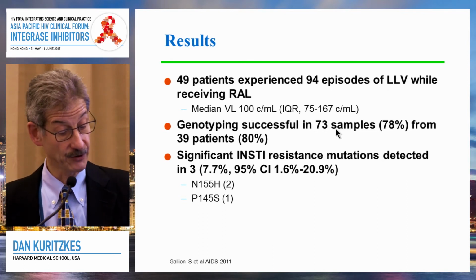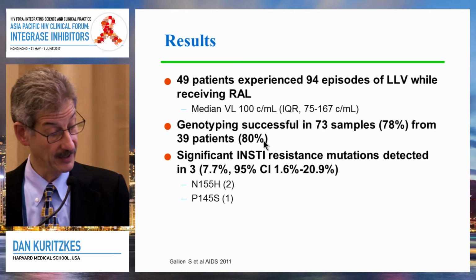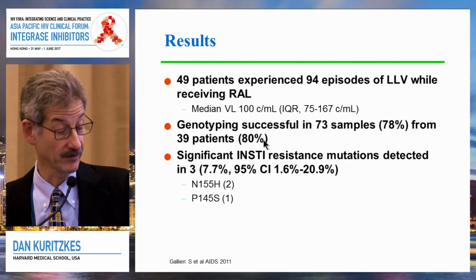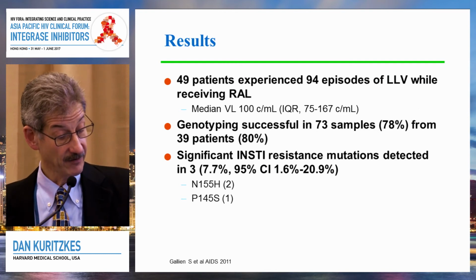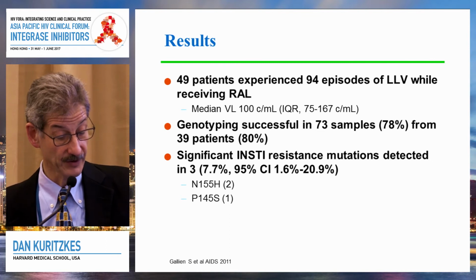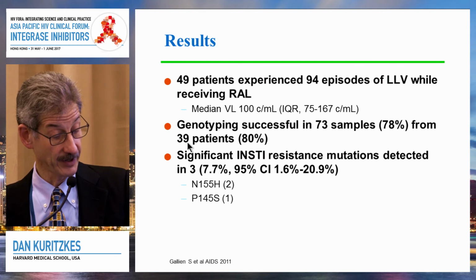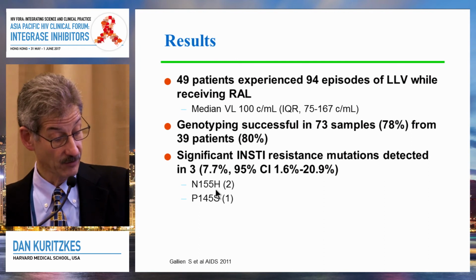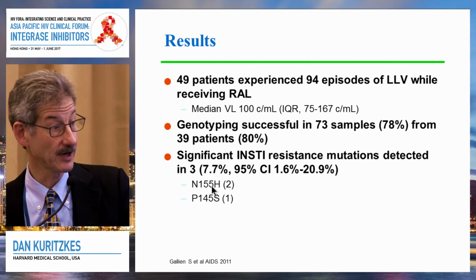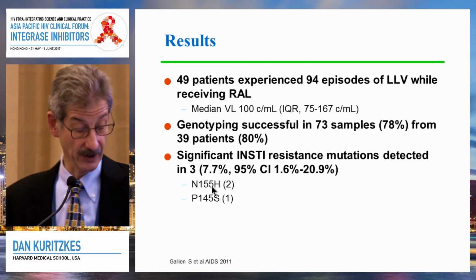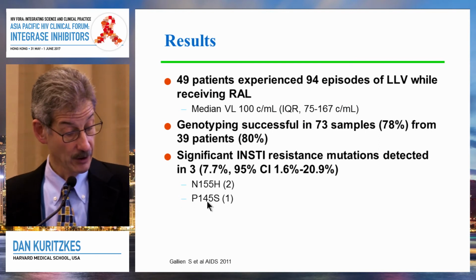And we were able to get genotypes in about 80% of the samples, which came from about 80% of the participants, and found significant integrase inhibitor resistance mutations in 3 of the 39 patients. 2 of them were N155H mutations, which are classic raltegravir mutations, and the other was a less common mutation.